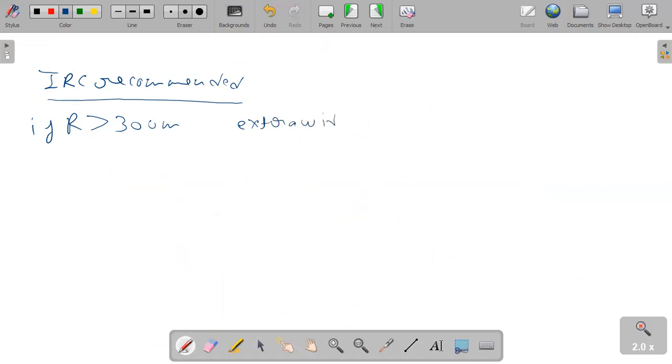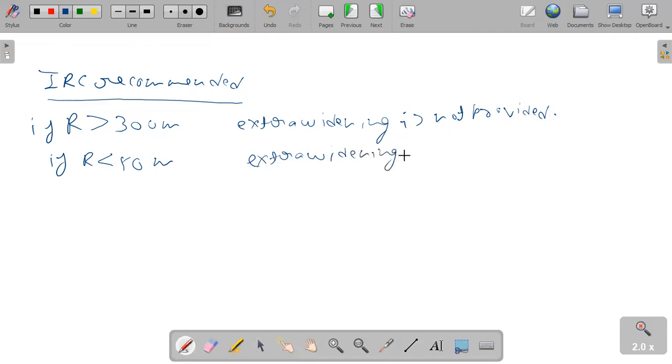If R is less than 50 meters, then extra widening is provided at the inner edge.